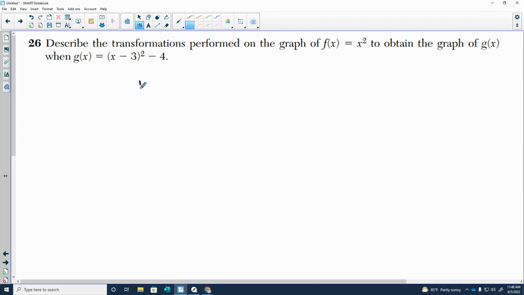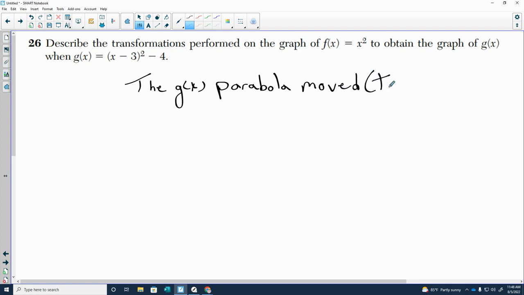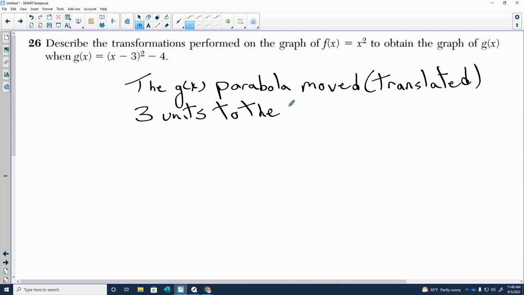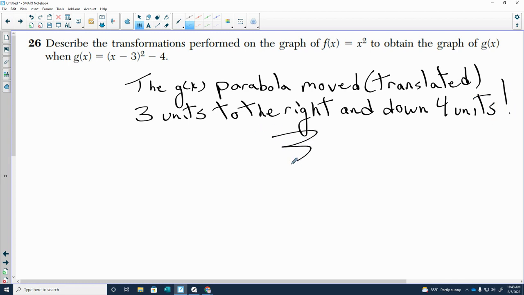I can just say the g of x parabola moved, and if you wanted to be really technical, you could say translated, as you'll learn next year in geometry, 3 units to the right and down 4 units. And that right there is pretty much all you need to do.